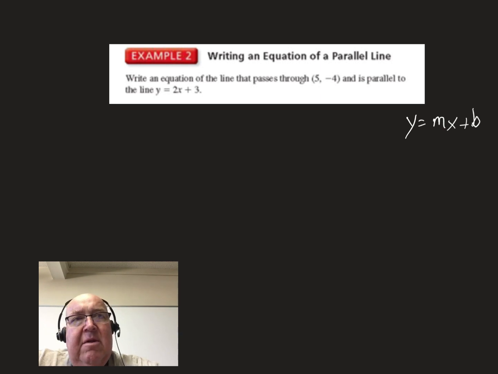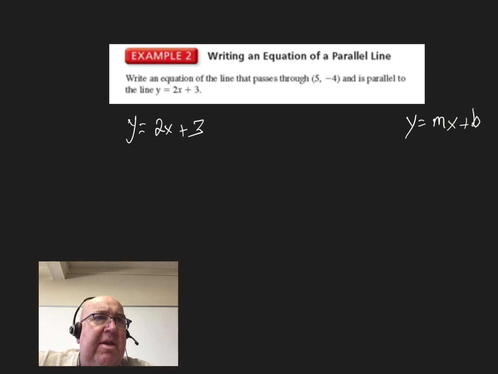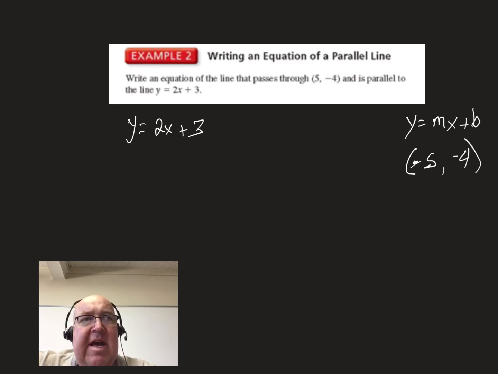We have a line that is y equals 2x plus 3, and we want to write the equation of a line that goes through the point 5 and negative 4 and has a slope that's equal to that line. So we're going to use m equals 2.